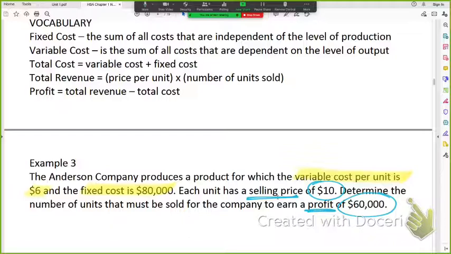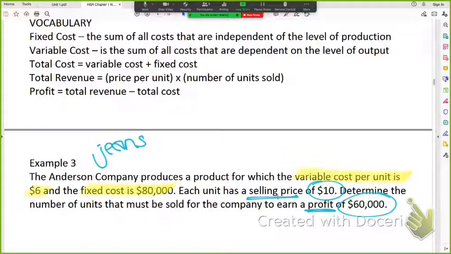This doesn't make sense. What do we want to make? We're going to make, I said this earlier, jeans. So if we're producing jeans, it costs me $80,000 to buy the machinery, the sewing, all of that stuff to set up to make jeans. Then every time I make 1 pair of jeans, it costs me another $6.